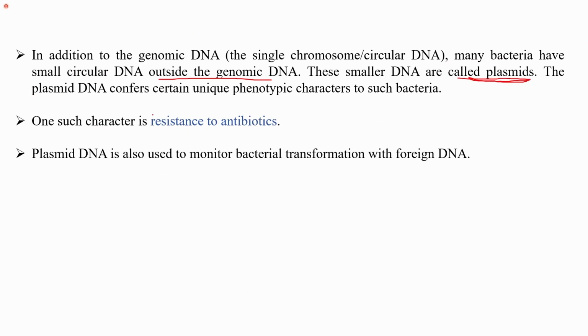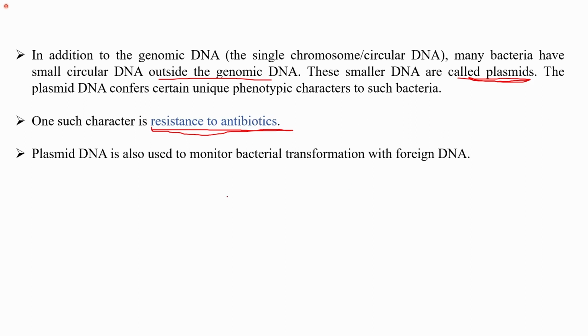The plasmid DNA confers certain unique phenotypic characters to such bacteria. For example, they may provide resistance to antibiotics. So we know about antibiotic resistant bacteria. This antibiotic resistance is mainly provided by the extra chromosomal material, the smaller DNA present outside the genomic DNA, called plasmids.